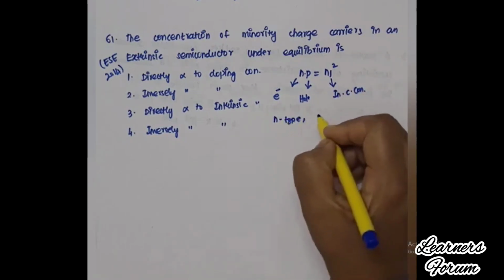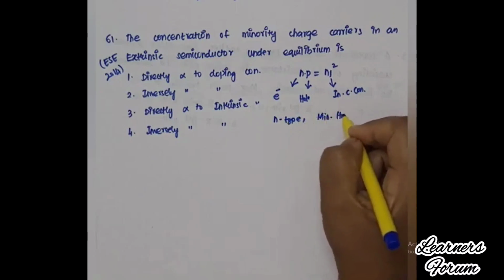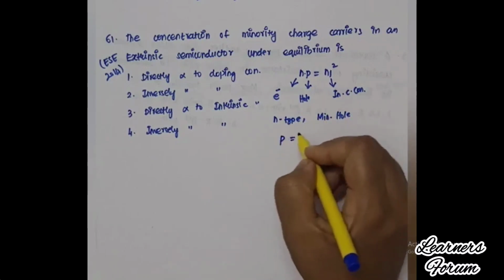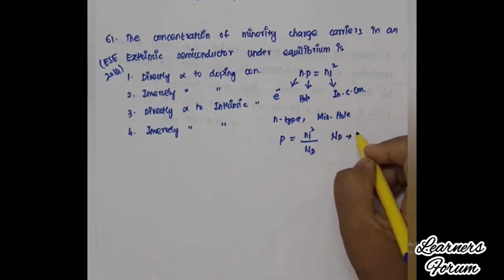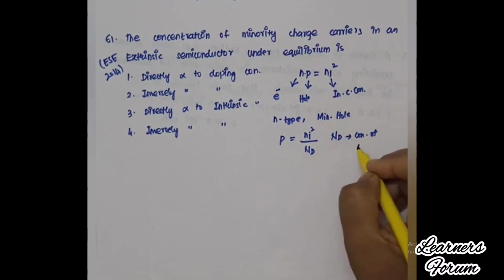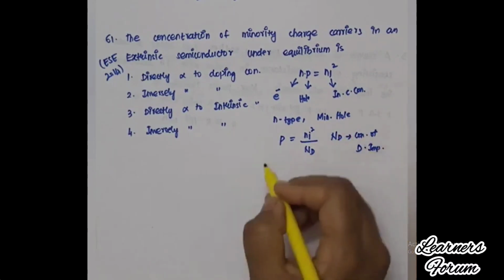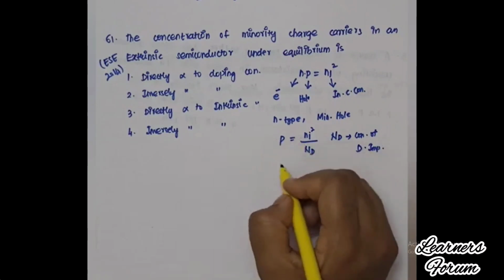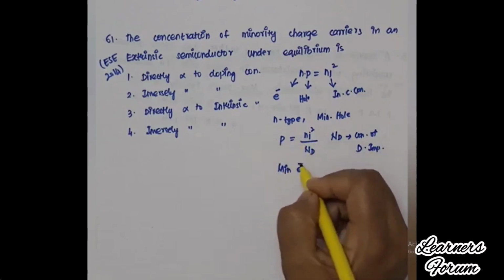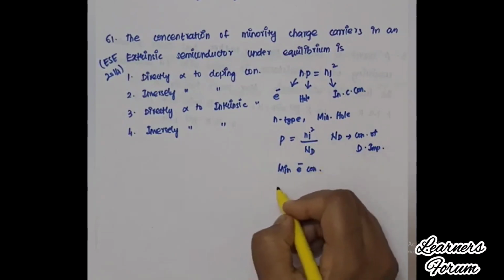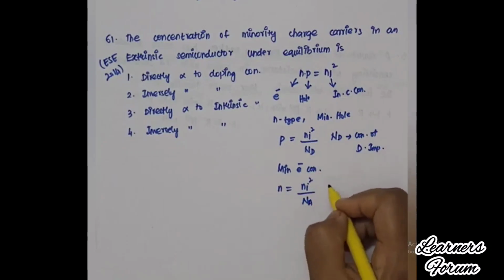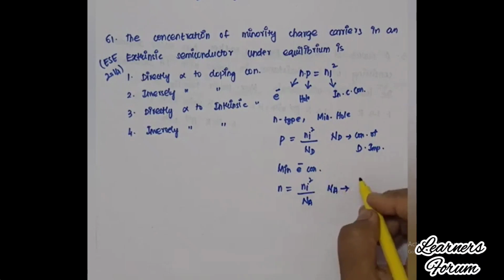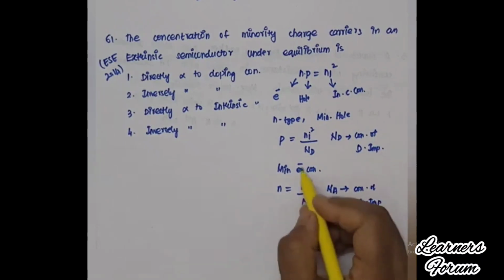For an N type, the minority hole concentration is p equal to ni squared by Nd, where Nd refers to the concentration of donor impurities, and for a P type, the minority electron concentration is n equal to ni squared by Na, where Na refers to the concentration of acceptor impurities.